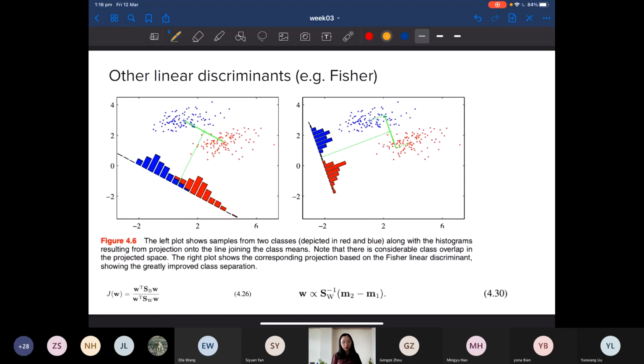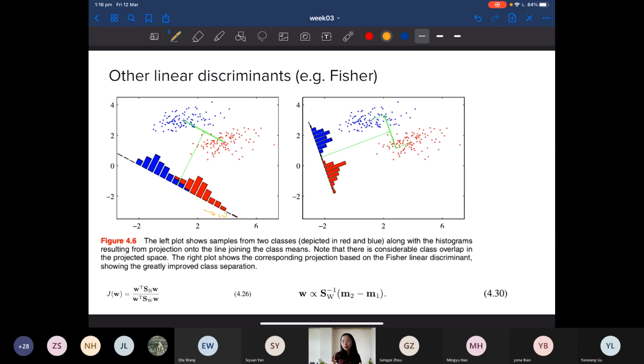If we rotate the hyperplane, or this direction of the W vector, we get different degrees of overlap of the red and blue classes. As we saw in the decision theory section, overlaps are bad. They incur errors. If there is no overlap or minimal overlap of the red and blue classes, it's a good projection direction.